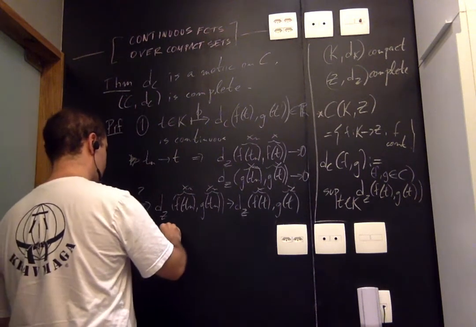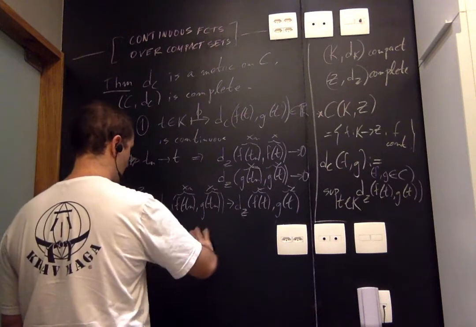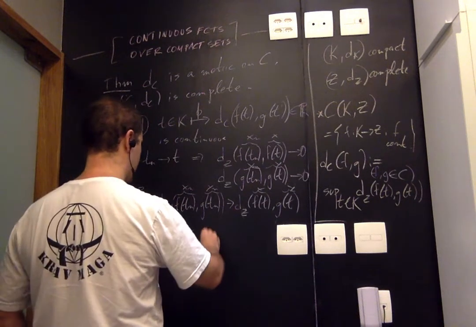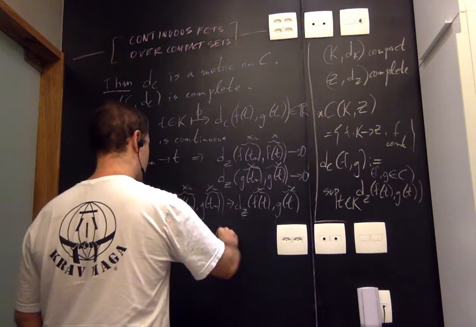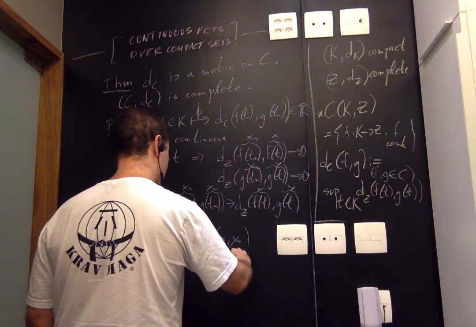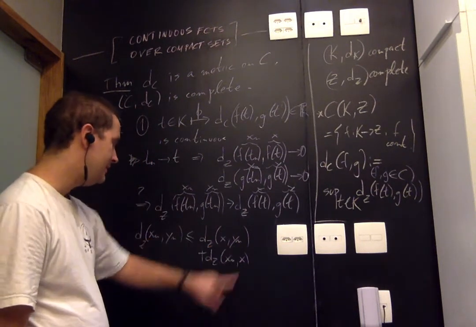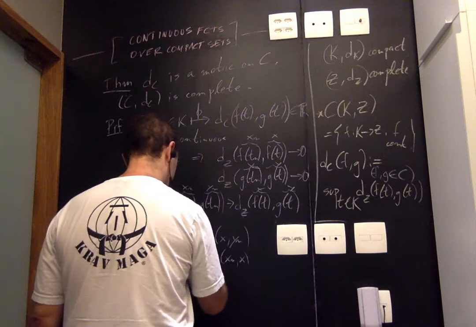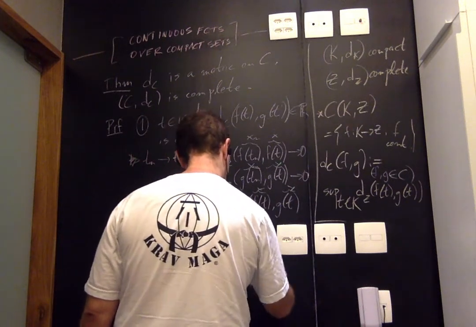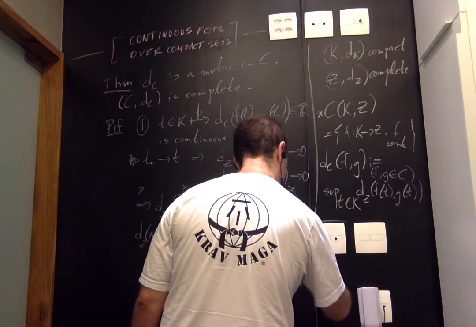d of x sub n to y sub n is at most, I'm just going to use the triangle inequality, the distance between x and y_n plus the distance from x_n to x. So no big deal, just a triangle inequality. I'm going to apply the same inequality again, and then I get something like this.